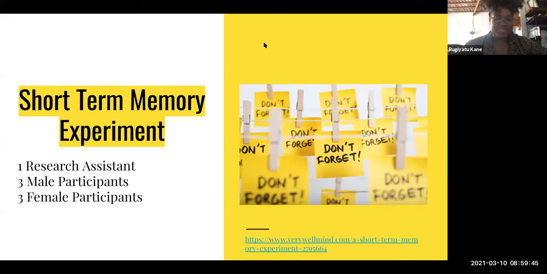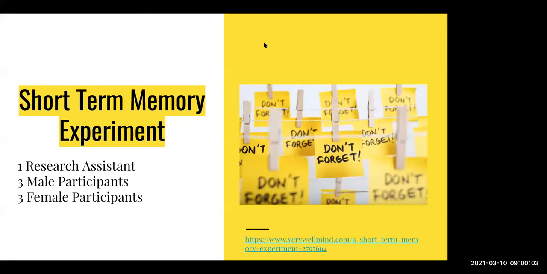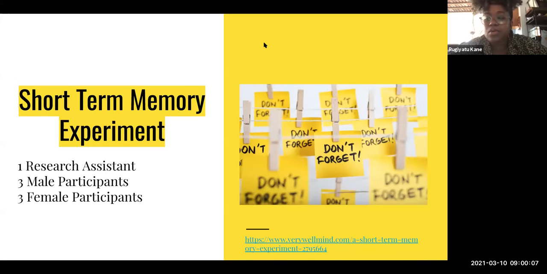Okay, as my research assistant, I want you to come up with a hypothesis. What is your theory? Do you believe that girls have better short-term memory than boys? Whatever your statement is will be your hypothesis. It's not a yes or no question, but for example, your hypothesis could be that we want to test whether girls have a better short-term memory than boys.